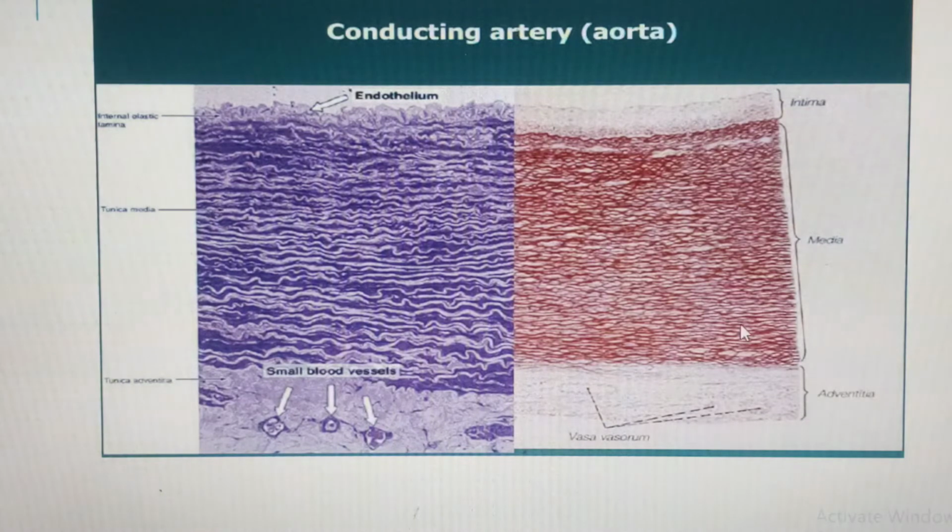Because it has several of these elastic fibers, we don't really appreciate the internal and external elastic laminae. It is going to have a very small tunica adventitia. Because it is a very large artery, the vessel of vessel, the vasa vasorum, will also be present in the tunica adventitia. So that is what we see regarding conducting arteries.